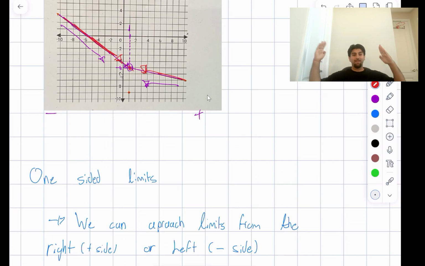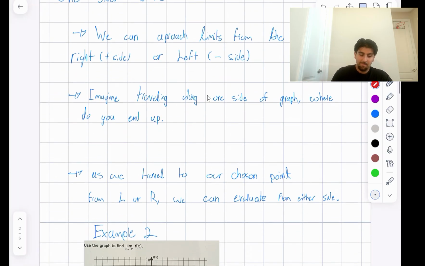This is your limit from the right, limit from the left. We're going closer together. As we travel to our chosen arbitrary point, we can evaluate from either side where we're going, because remember, we're traveling to an x coordinate, so on the y coordinate, we're just seeing where we end up, right?